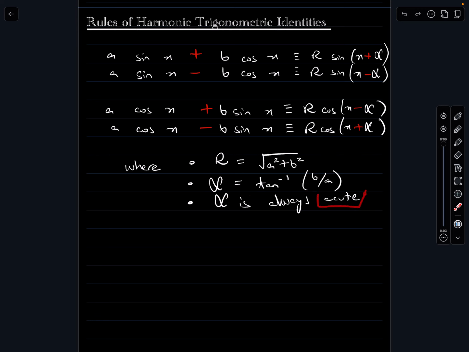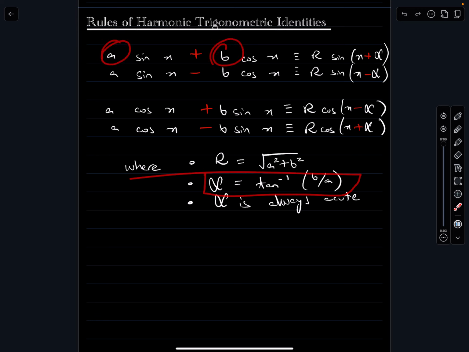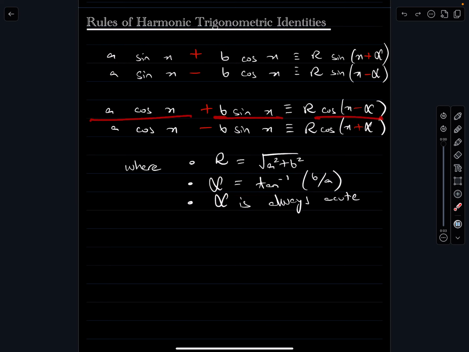Alpha is always going to be acute, that is between 0 and 90, non-inclusive, and R is the square root of a square plus b square. Alpha is tan inverse of b over a. So you need to be careful how b and a can vary depending on what you have to express it in.